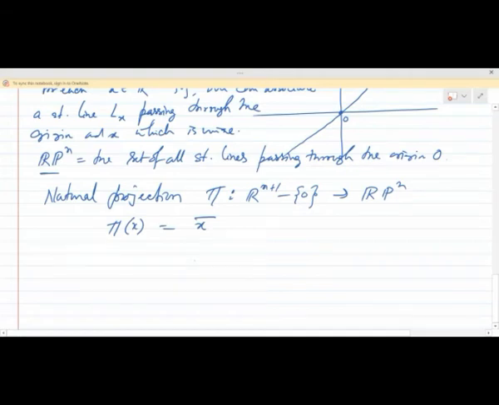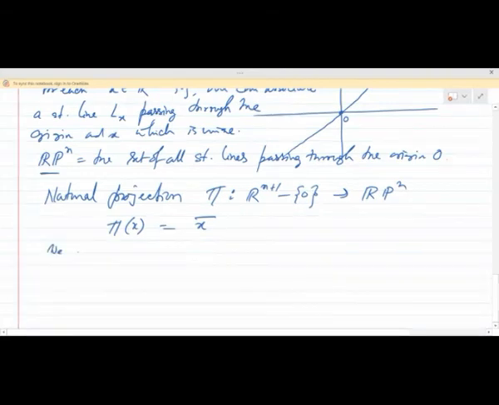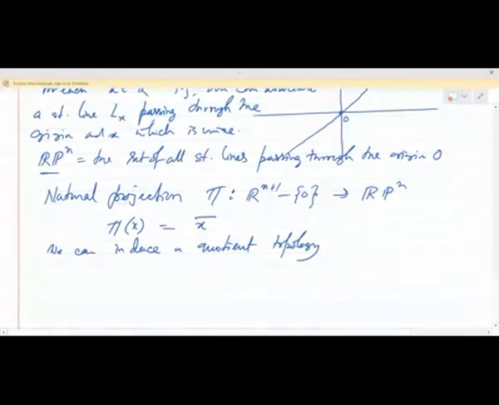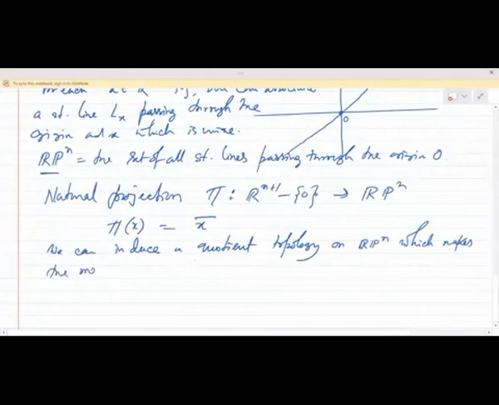With respect to this map, we can induce a quotient topology on RPN, which makes the map pi a quotient map, and eventually it is continuous.